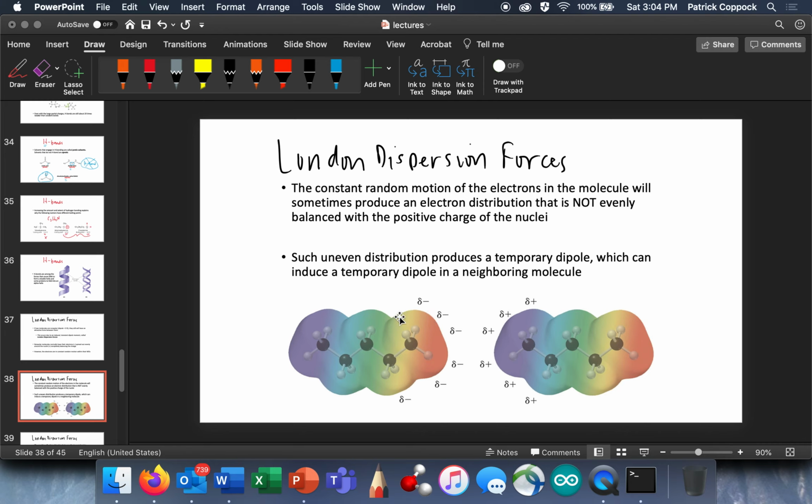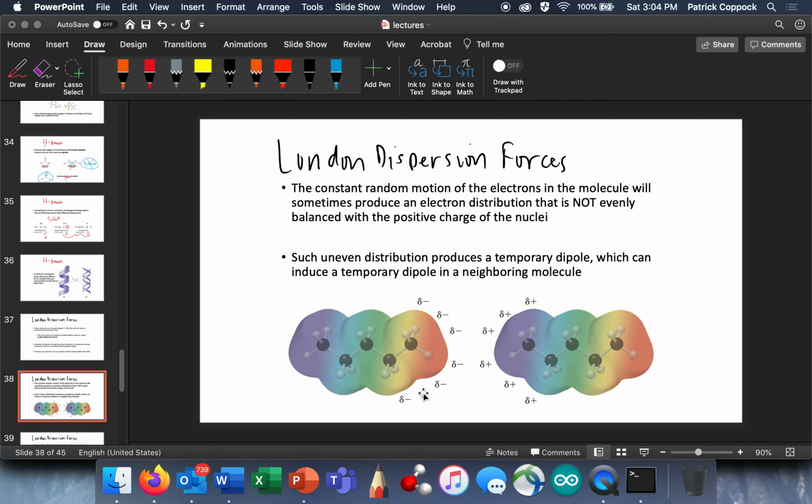So watch this. You might, in some instant, have extra negatives over here. And when you do that, it's going to push the other electrons on this guy over here, right, to the red. This very transient, very short-lived disparity of electrons is going to produce something we call London dispersion forces, or van der Waals forces.